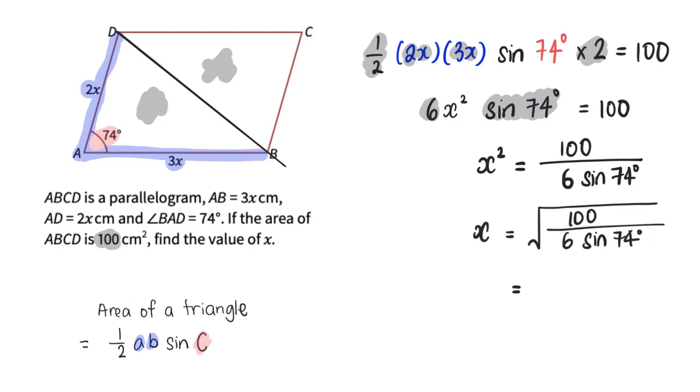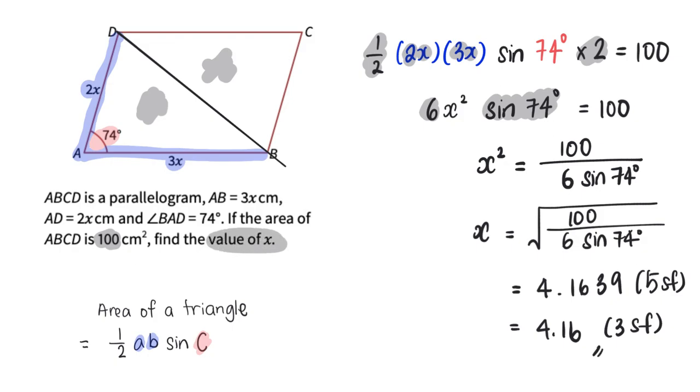Because x in this case has to be positive since we are dealing with length, the answer has to be the positive root of the expression inside, which will give me 4.1639 to about 5 SF, followed by 4.16 to 3 SF. And that is the value of x. I did not write any unit. And let's move on to the last question.